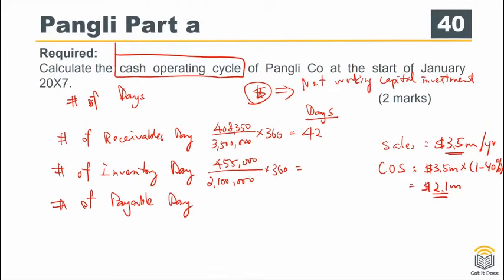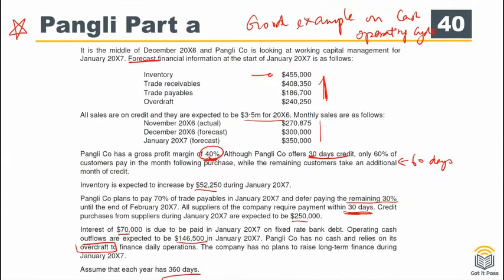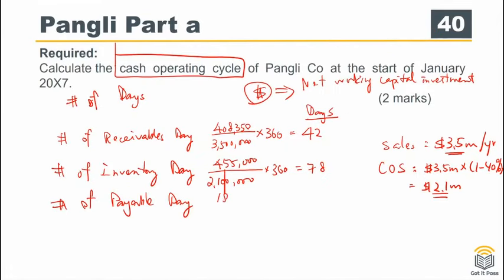So the answer is 78 days for inventory days. For payable days, the payable balance is 186,700 divided by the purchases or cost of sales, which is 2.1 million, times 360.